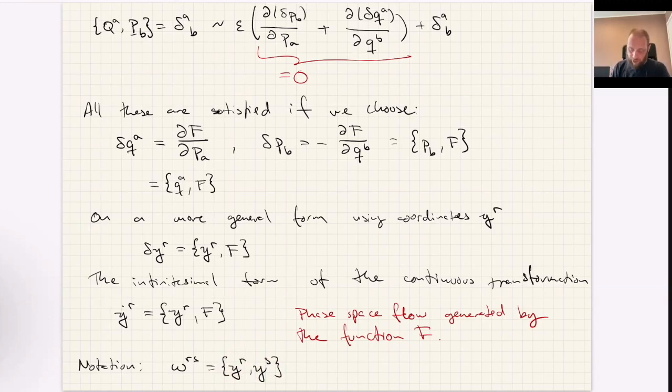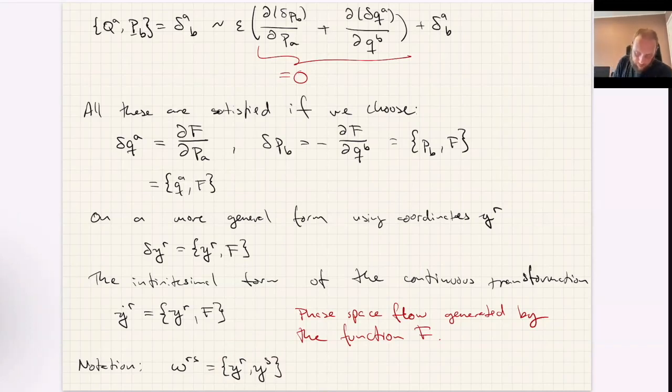If I take yr here to be one of the q's, then there is one of the p's, if I insert that as ys, for which it is 1, and vice versa. If I take this as a p, then there's one q here for which it is minus 1. This omega rs is antisymmetric in the indices. If I change r and s, I get a minus 1 because the Poisson bracket is antisymmetric, and it's plus minus 1 or 0 depending on exactly which coordinates I put in here.